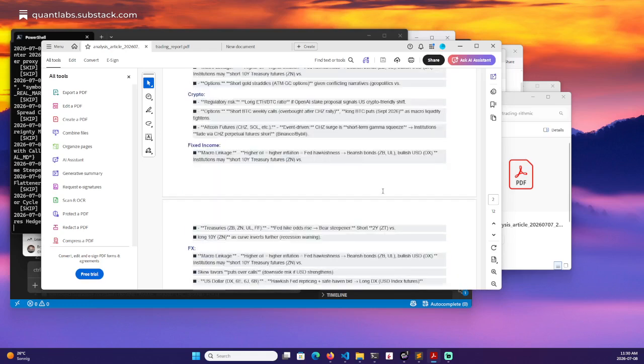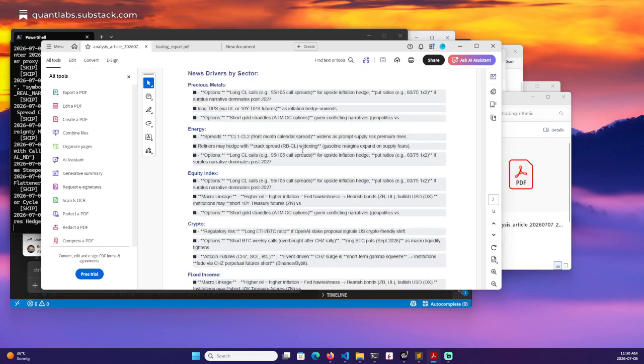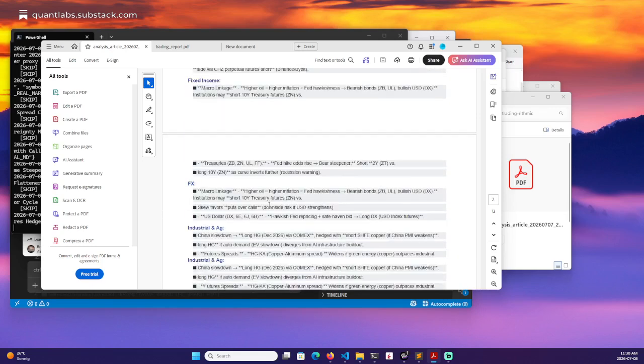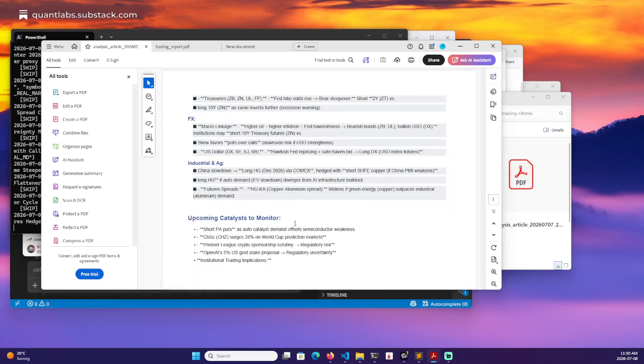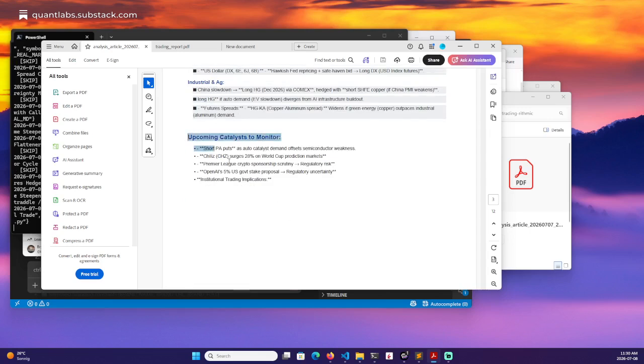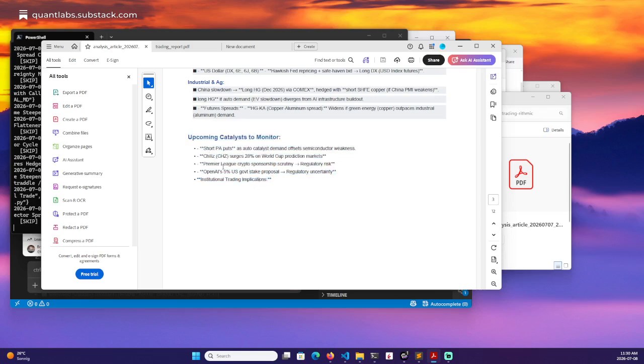So it covers everything again: crypto, equity, energy, precious metal. It also includes fixed income, agricultural, industrial, and currencies or FX. Here is another important event that will drive certain instruments based upon these major events, so you can see what is going to happen.